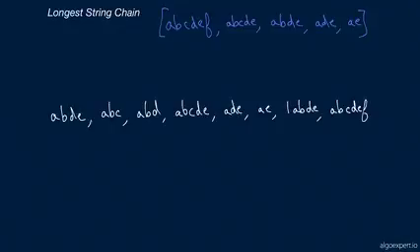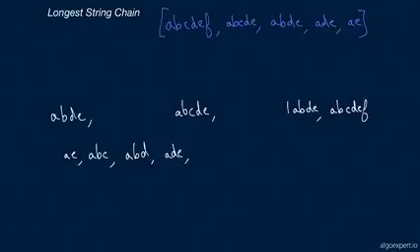So if I select AE, I guess I'll select the comma as well. AE would come first. AE stands for AlgoExpert, by the way. Then ABC, then ABD, then ADE, then ABDE.